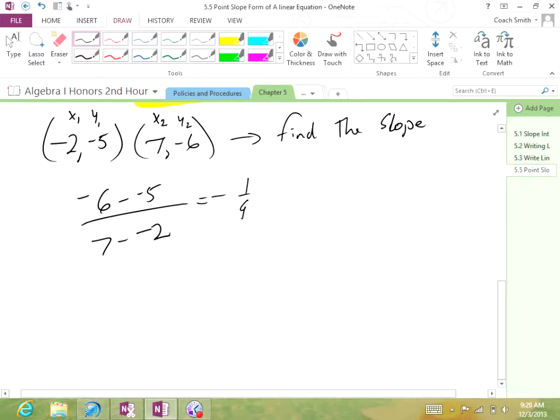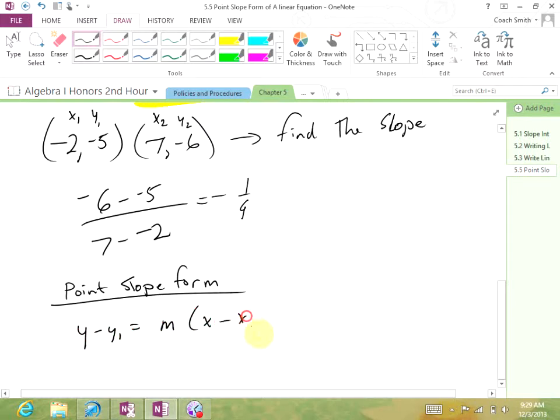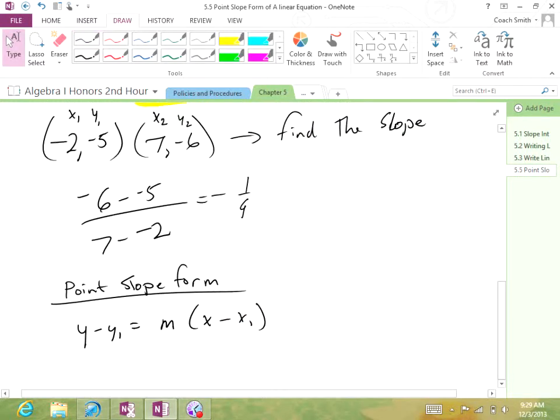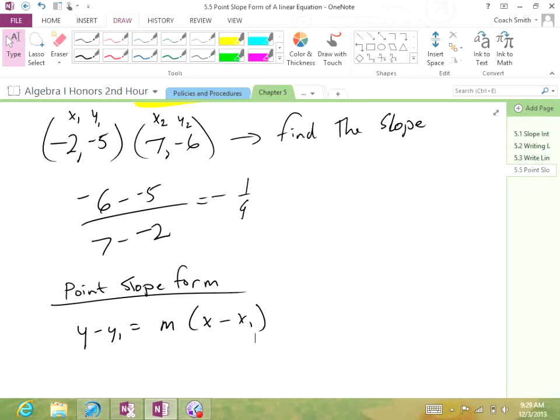Now, if we think of our point-slope form, it is y minus y1 is equal to m times x minus x1. Now we just plug in the information we were given. y minus y1 is y minus negative 5.